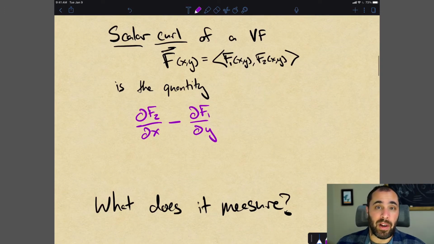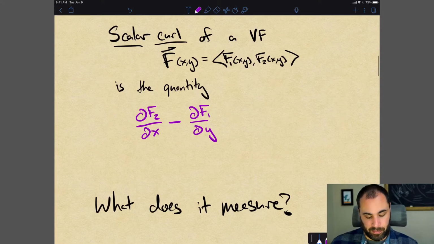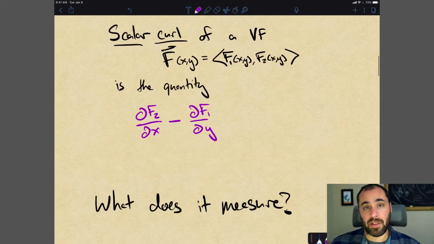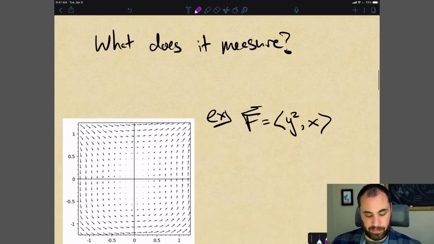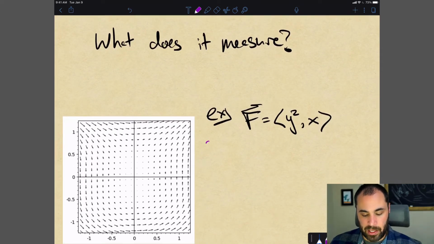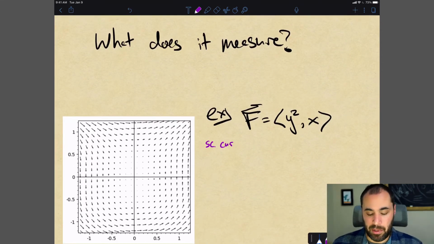And now you might recognize these pieces as terms that we looked at when we applied Clairaut's theorem to a vector field to see if it could have a potential function. And that's right. So what does this measure? Well, before I tell you that, let's apply an example.